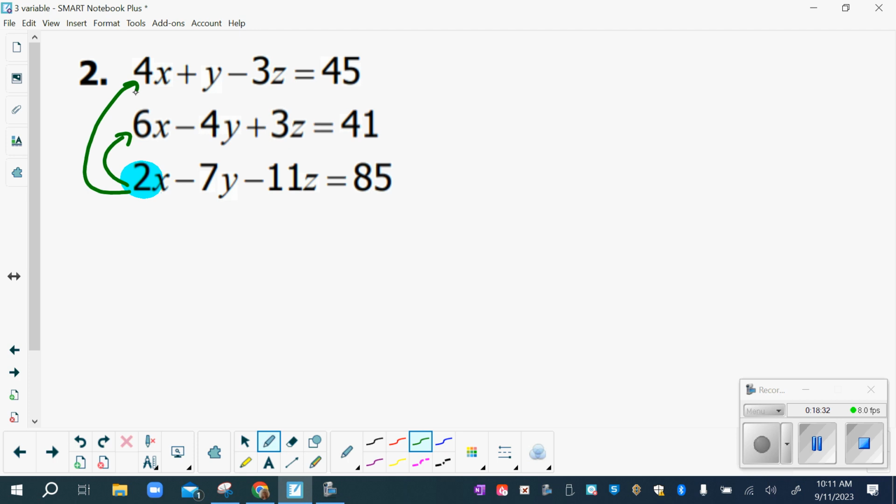So I did the X's in another class. Still got the same answer. My advice, I think the Y's are the easiest, but it's pretty similar, okay? Because I made this one turn into a 4 by times 4, and I made this one turn into a 7 by times 7.